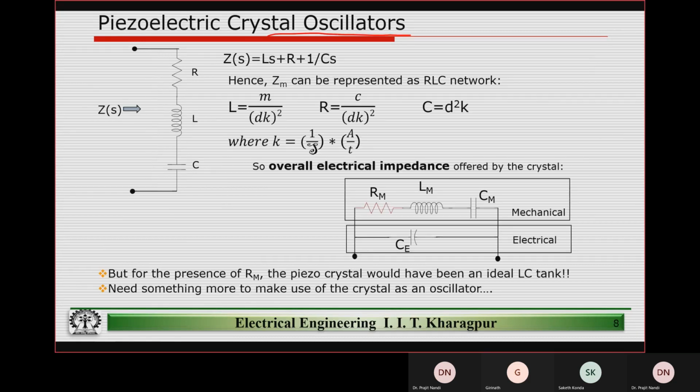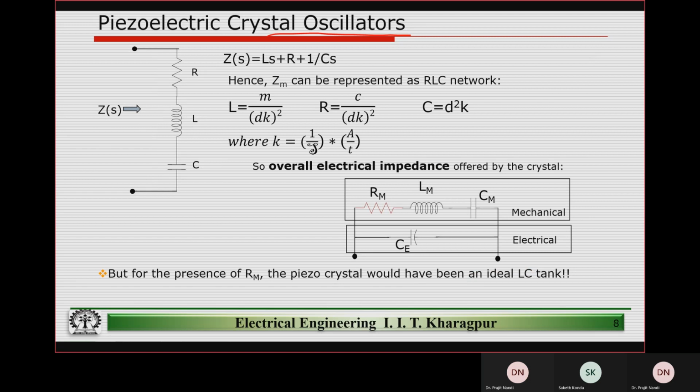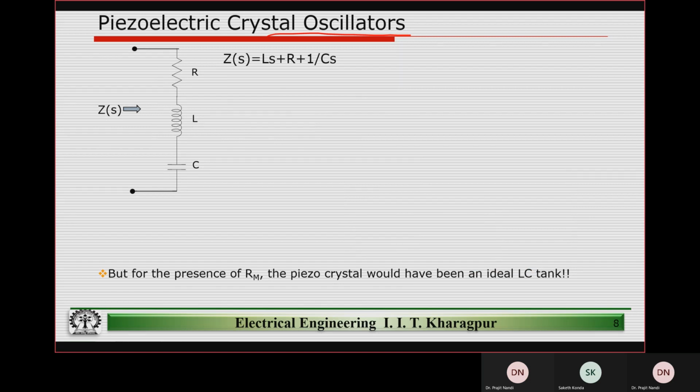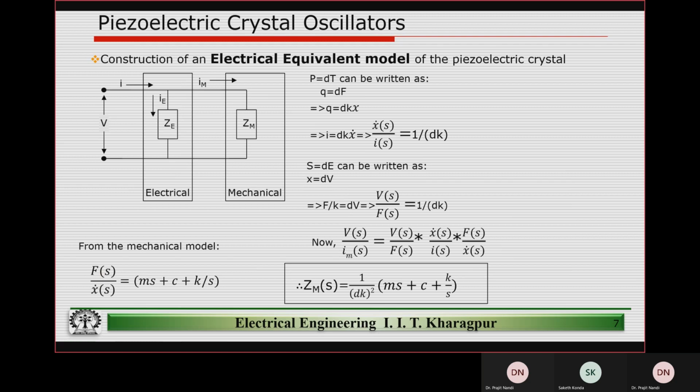So in the previous classes, the last class, we stopped at deriving the electrical equivalent network. We said that to make a proper equivalent model, we need both the mechanical as well as the electrical characteristics to be captured.